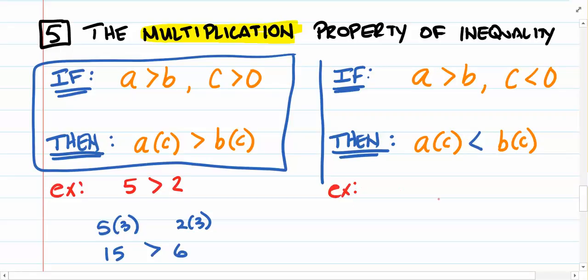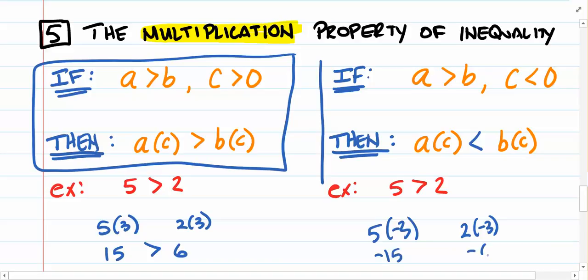So let me give you an example of how this is working. All right? So I'll show you again. We all agree that 5 is greater than 2. But I'm going to multiply both sides by negative 3 in this case. So I want to see what happens if I take 5 and multiply it by negative 3. How does that compare to 2 multiplied by negative 3? Well, negative 15 is no longer greater than negative 6.